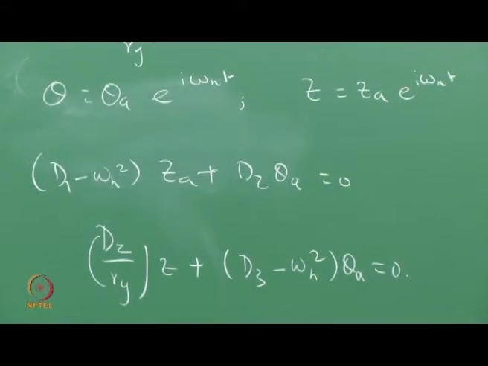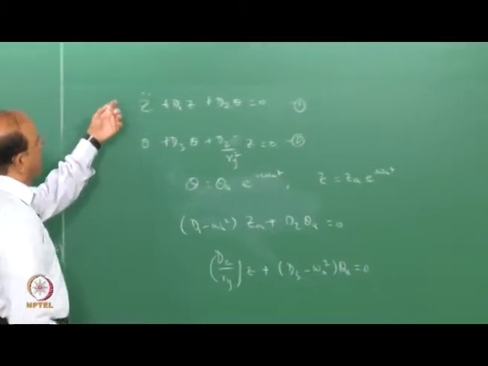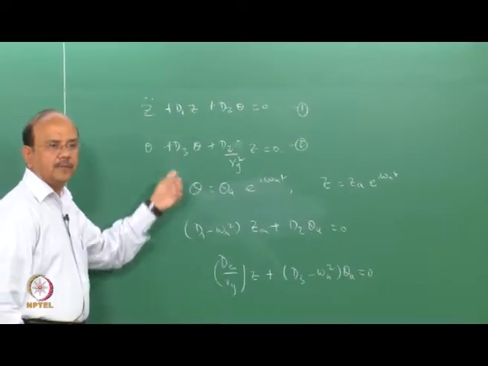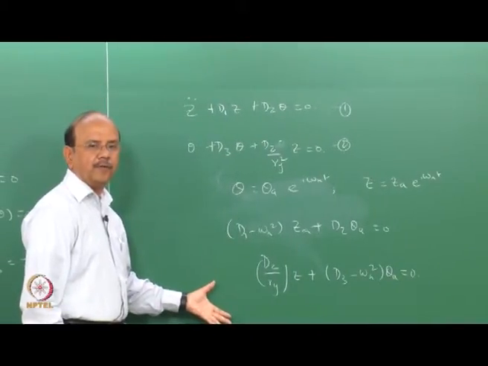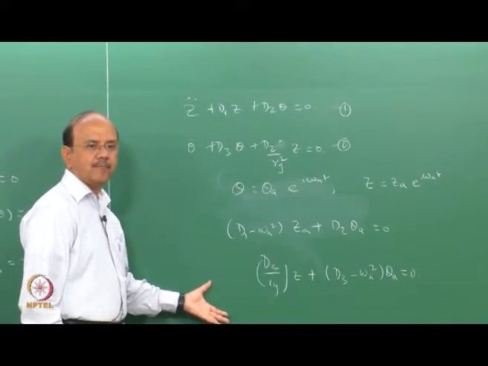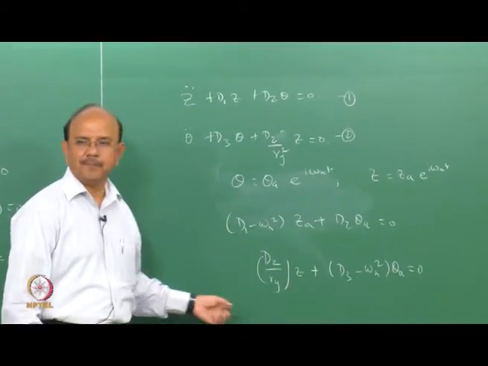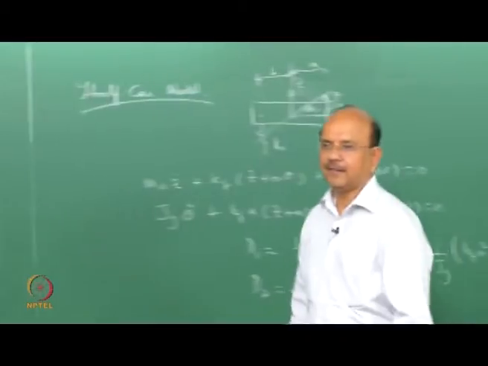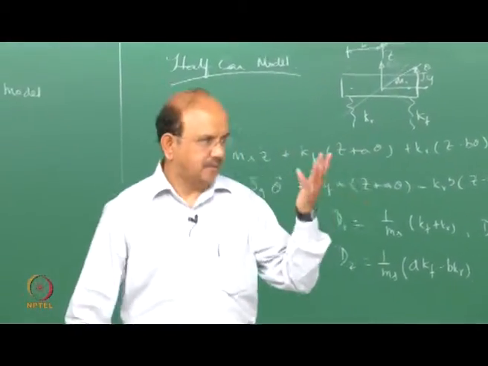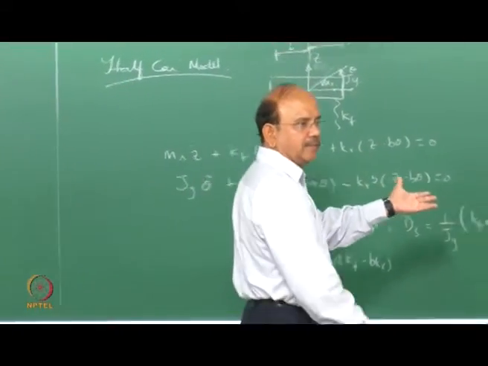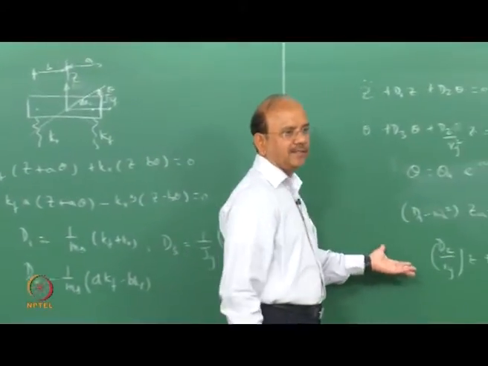So what's the next step? Nothing difficult, just substitute it. I want to find out the natural frequencies. What's the next step? Yes, take the determinant of this and write it down. There's a characteristic equation.